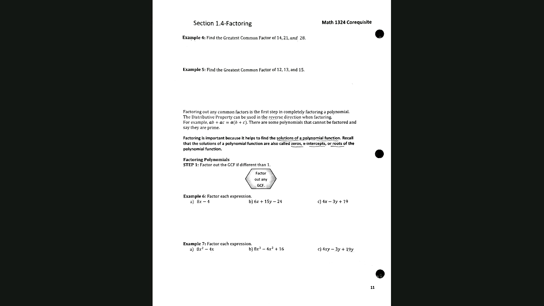Example 4, find the greatest common factor of this list of numbers. So what I like to do here is use prime factorization.